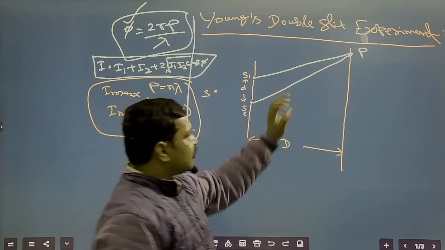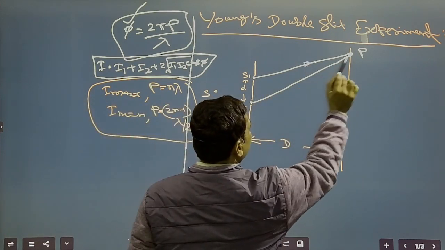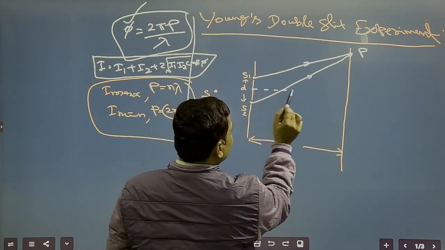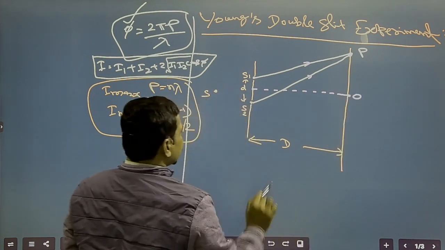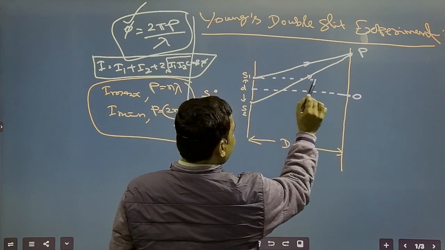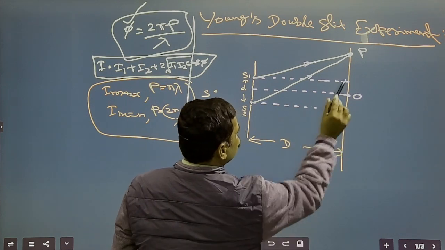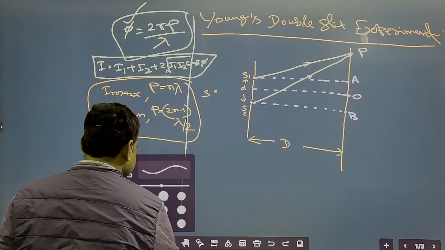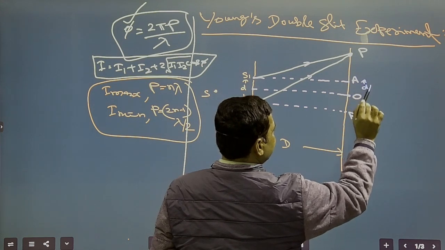Now you see, when the two lights are interfering at point P, suppose this is the center of the screen, O. Now if we draw parallel lines from the two slits, let this be point A and this be point B, and the distance from O to A will be d by 2.